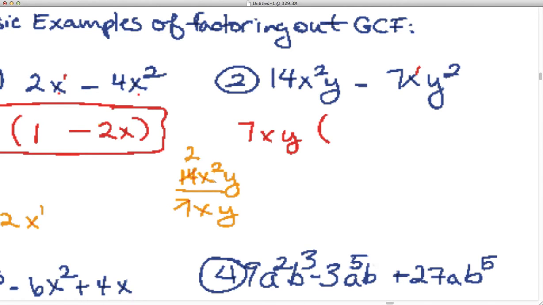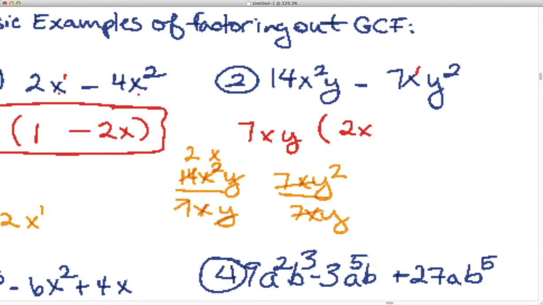So that goes in there twice. We're left with the x up here, and no y's. The y's cancel out. So all you're left with is a 2x here. And then if we did the same thing for the second expression, we have 7xy squared over 7xy.